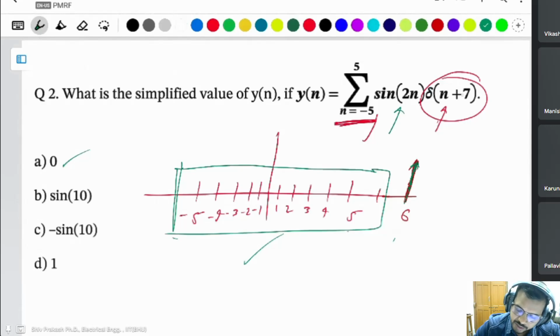If there is n equal to 5, then simply use n equal to 5 here and sin of 10. Sin 10 is the answer, because this occurs in the range. But there is no delta function in this range, that's why the whole value is 0.